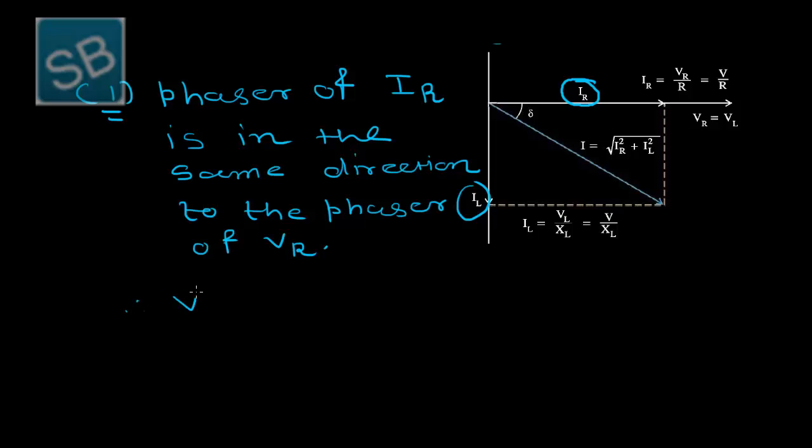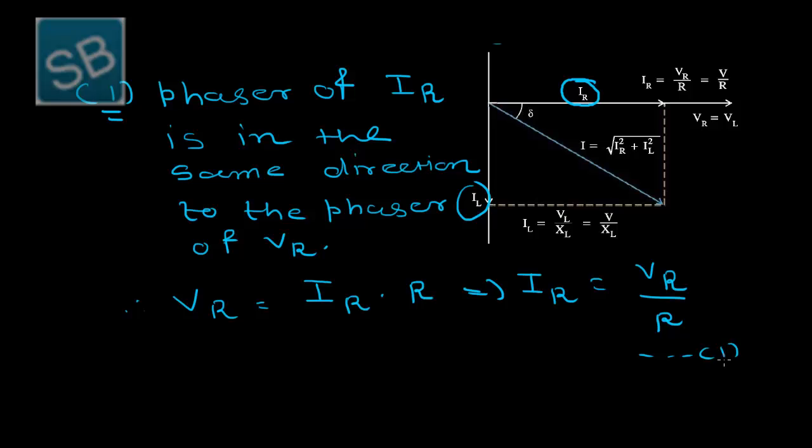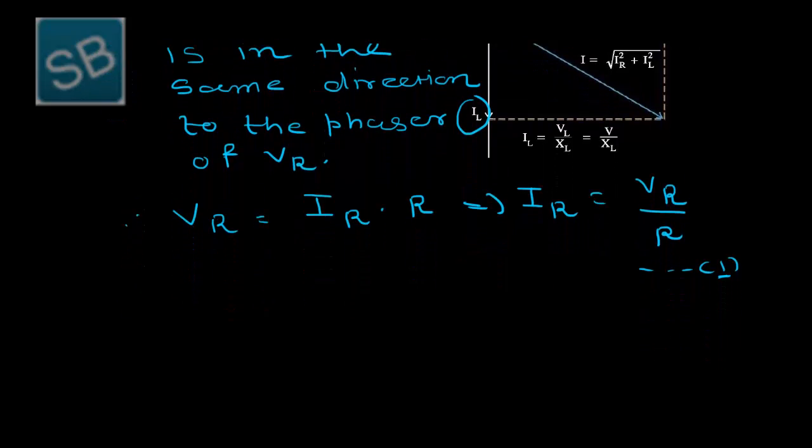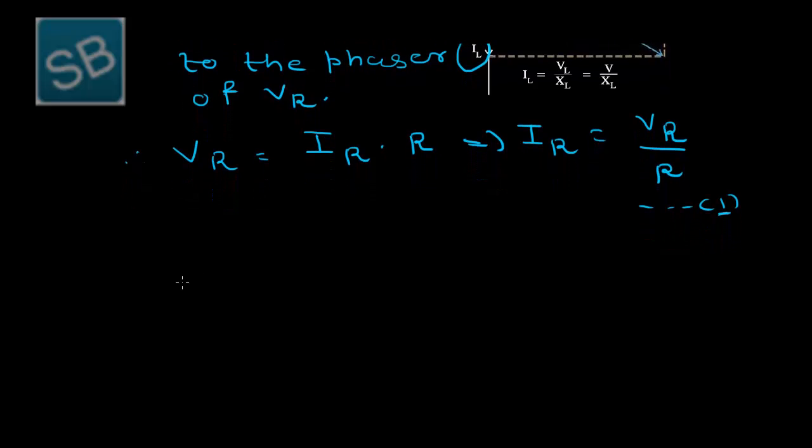The value of VR we know. What is it? It is IR into R. So from this equation I can write the current flowing through the resistor as IR is equal to VR over R. That is my equation number 1.